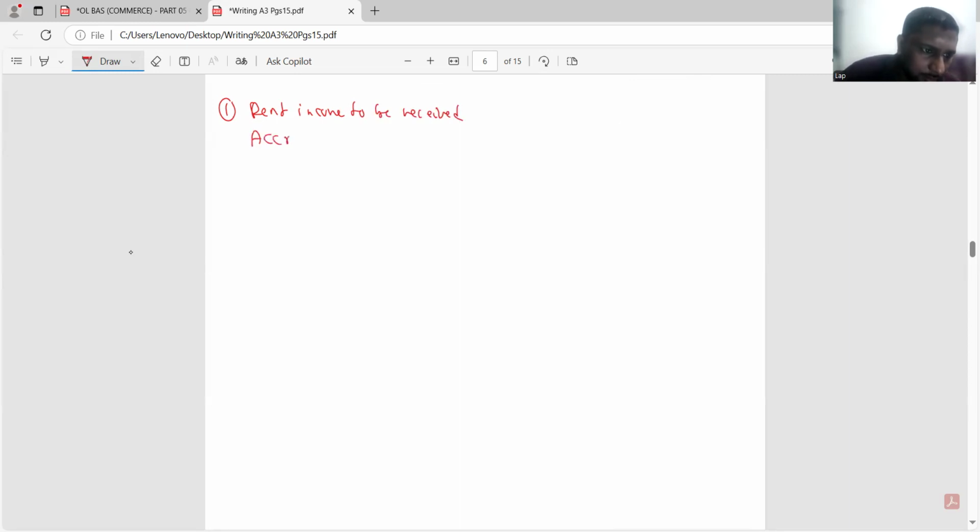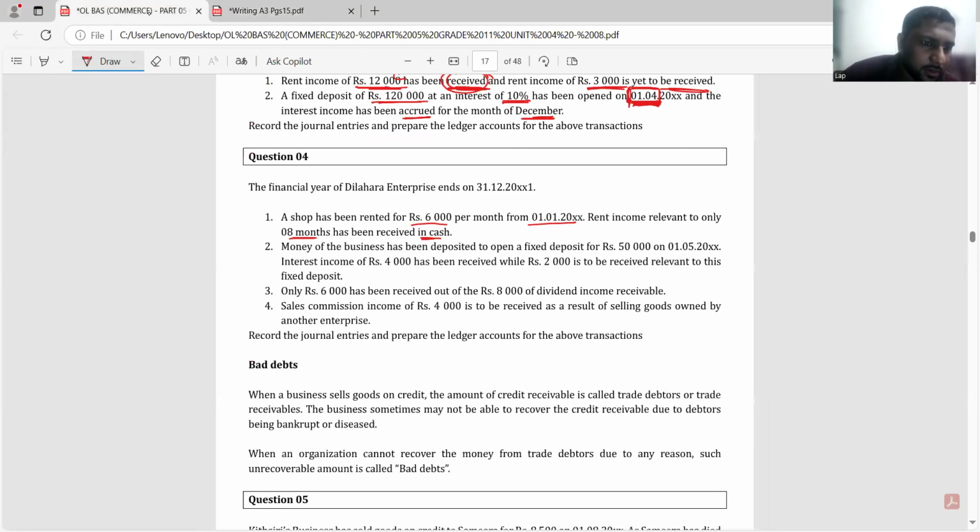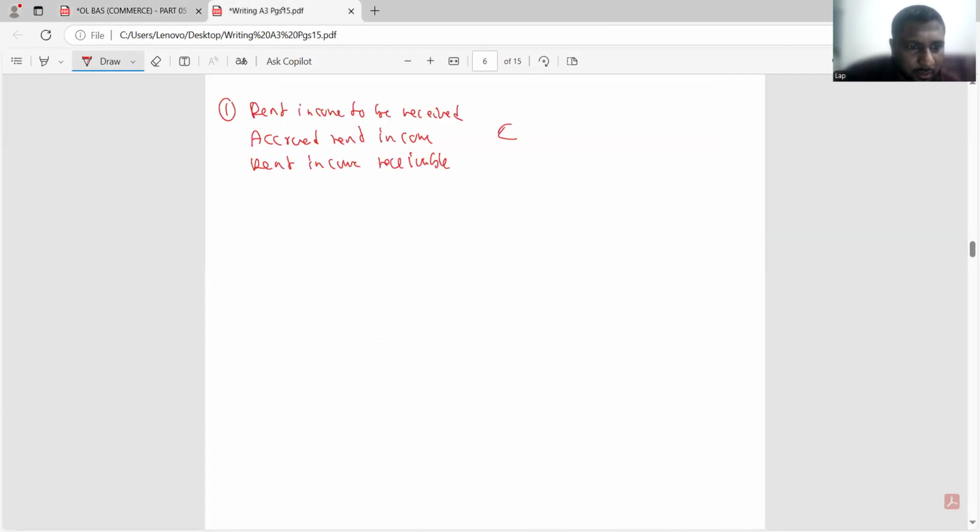Accrued rent income, or rent income receivable. 8 months you received it. 4 months to be received. 6,000 into 4 months, 24,000. Credit the rent income account 24,000.